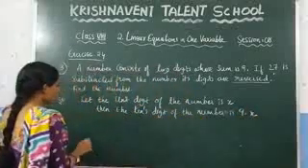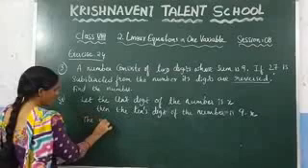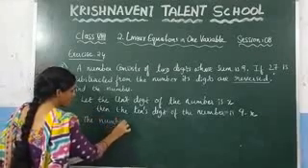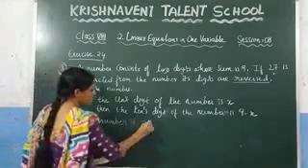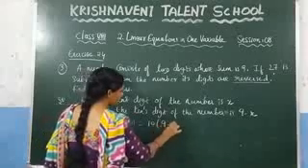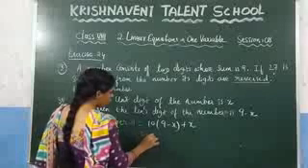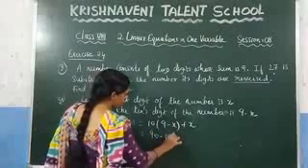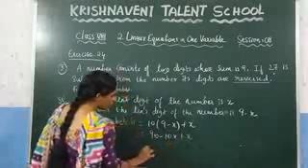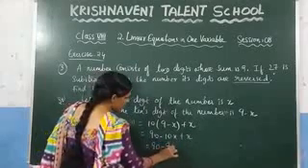Therefore the number is 10 into 9 minus x plus x. This is the required number. So you can solve it: 90 minus 9x plus x, which gives 90 minus 9x.